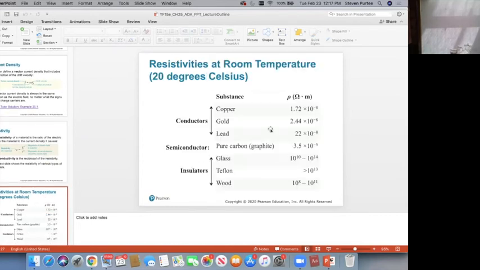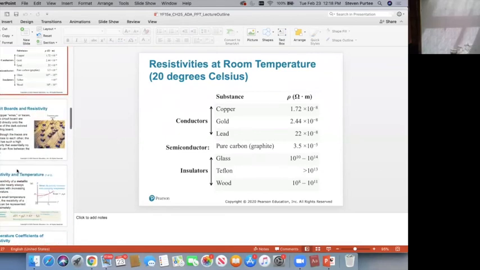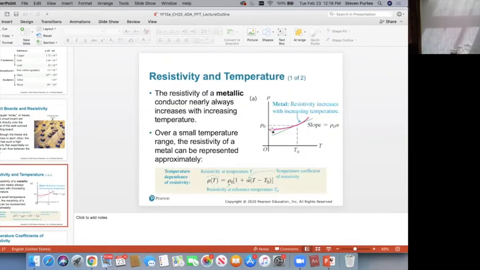So when I say all copper in the universe, that's say all copper at 20 degrees. If you increase the temperature, it becomes more resistive because things are bouncing around more, so those charges can't flow as easily. If you're curious, here's what resistivity for a metal looks like. Here's the formula for it.